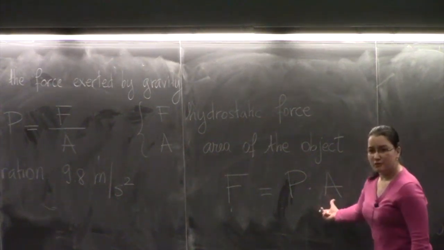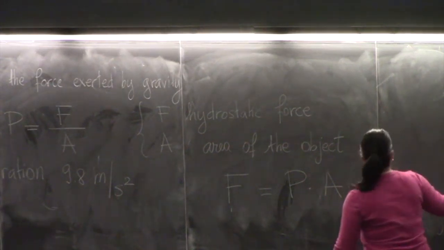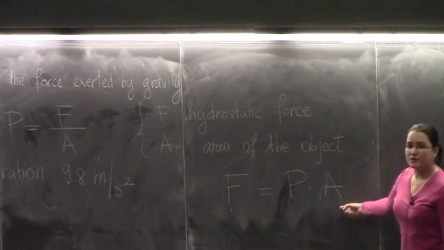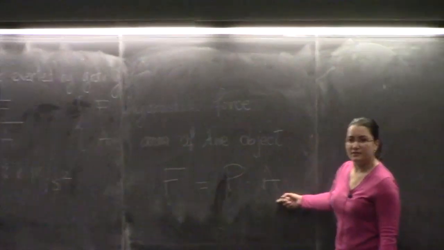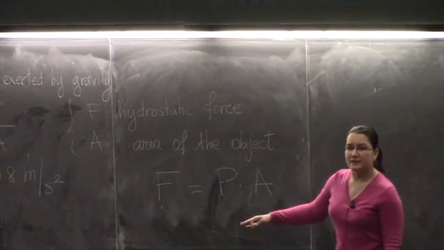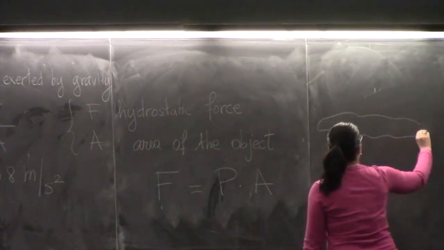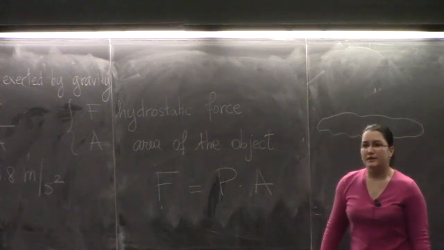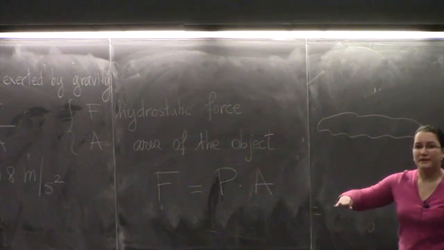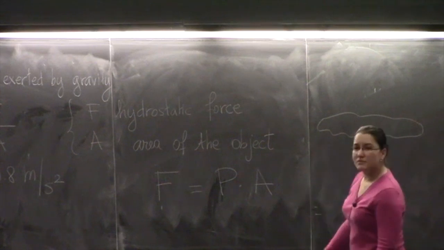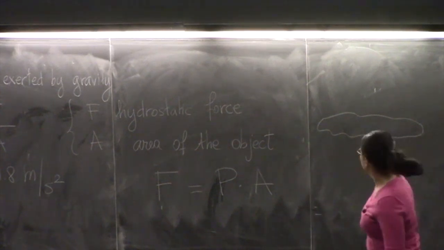Now, the formula over here is very nice, but it holds only in very special circumstances. To apply it, we need to assume that all points on an object submerged underwater are at the same depth. A situation in which the formula holds true is when you have a thin plate that is submerged horizontally underwater.